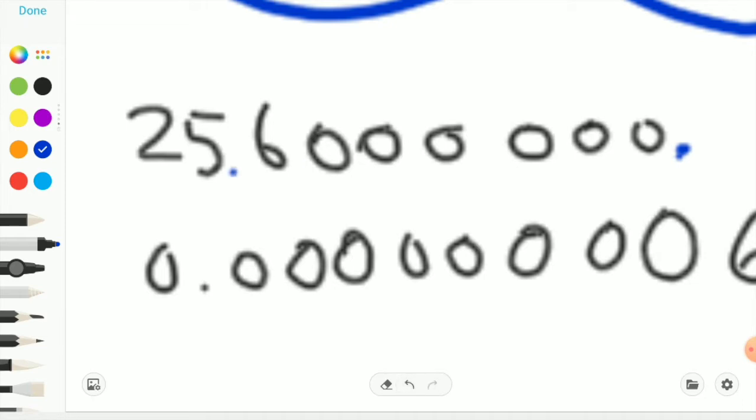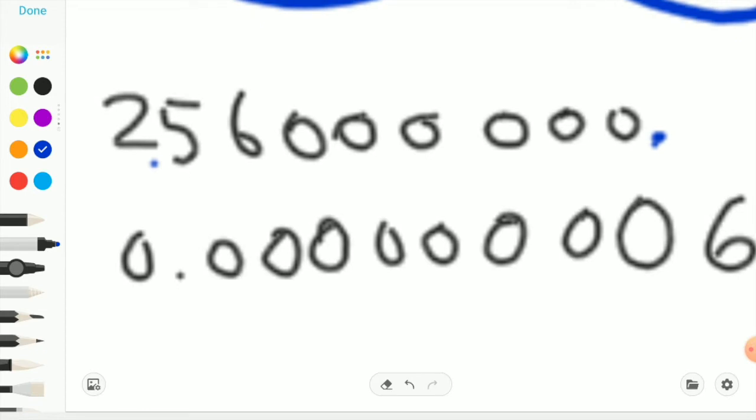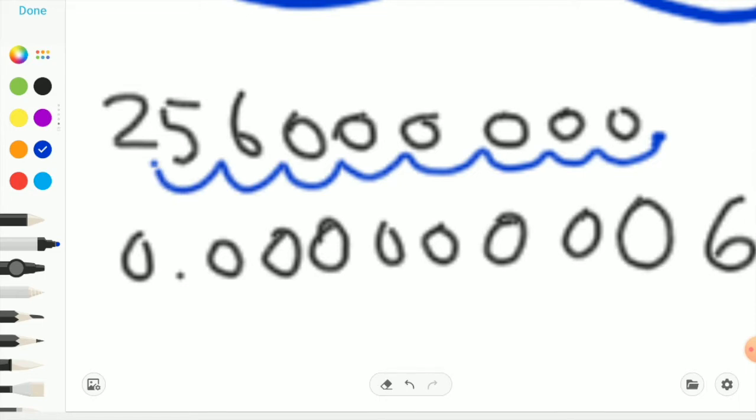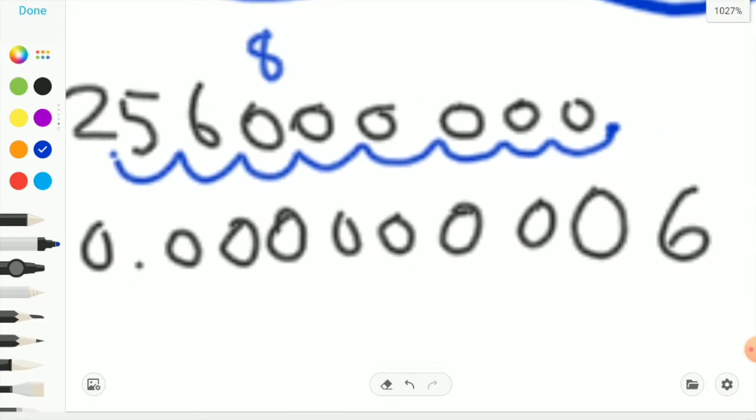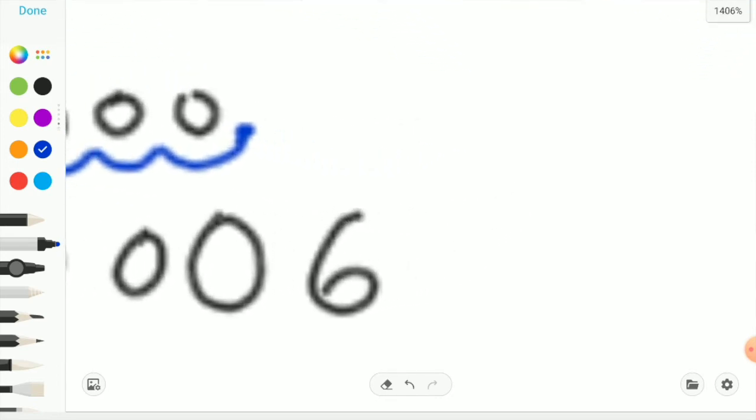But if we move it here, it's greater than 1, but less than 10, so that's perfect. Now we can count how many times you have to move to the left. 1, 2, 3, 4, 5, 6, 7, 8. 8, okay? Remember that.